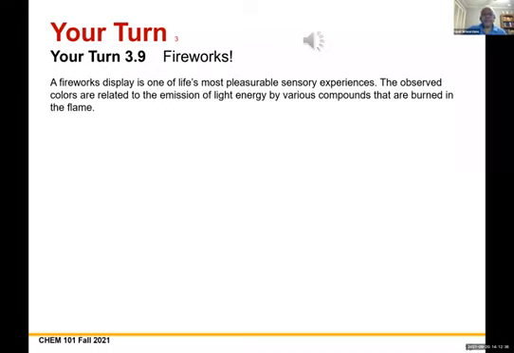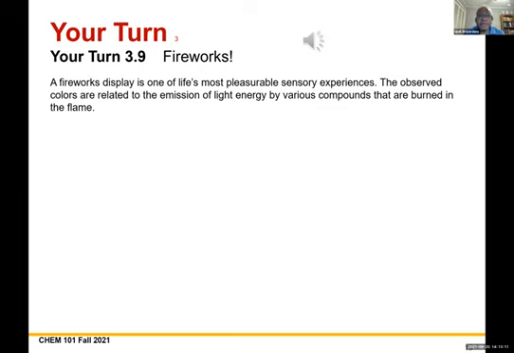You have seen fireworks. Let's see whether you can connect the different colors that come from fireworks to different emissions of light from different elements. Firework display is one of life's most pleasurable sensory experiences. The observed colors are related to the emission of light when they are burned in the flame.